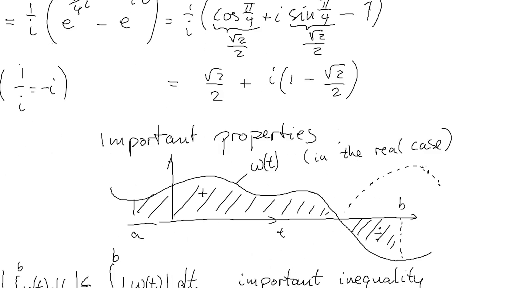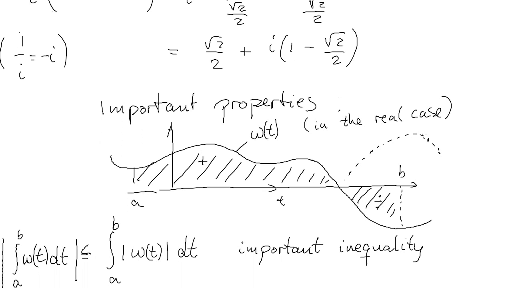Let us mention some important properties of the integration. Here you see a typical integrand w of t in the real case, and you see that when taking the integral from a to b, we can illustrate this in some sense by observing that this integral is the same as the area between the horizontal axis and the curve.